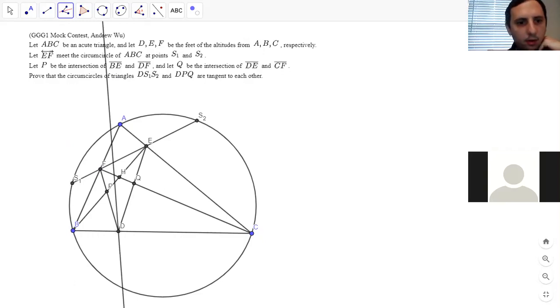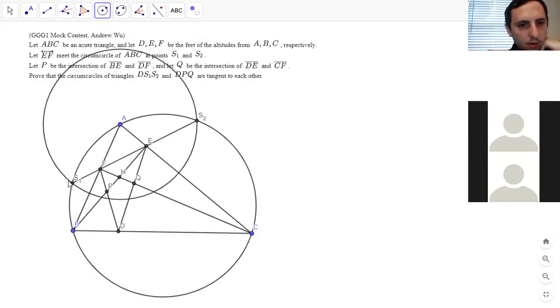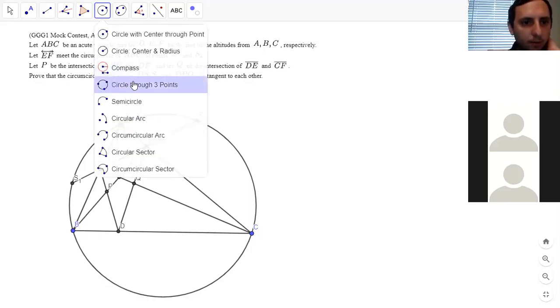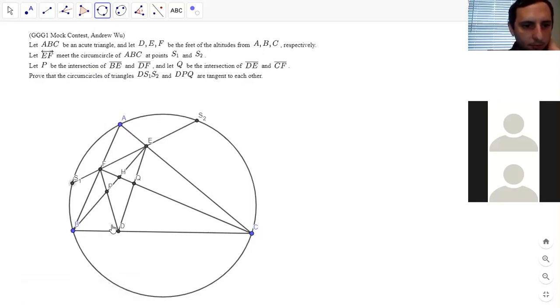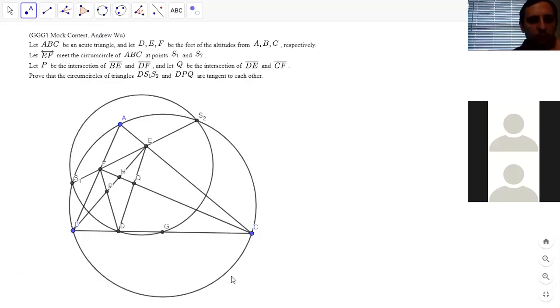No. But I know there's a circle centered at A, the S1, S2 circle, that passes through the midpoint of BC. Okay. Hold on one sec. So it passes through the midpoint right here. Yeah, I think I've seen that before.